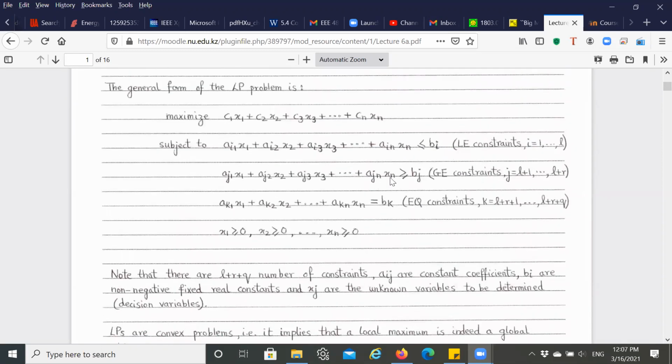So if we assume that we have L number of less than equal to constraints, as we see over here, and you also have R number of greater than equal to constraints, in total these two would be L plus R, and you have Q number of equality constraints. So in total, you would have L plus Q plus R number of constraints and N number of decision variables, okay?